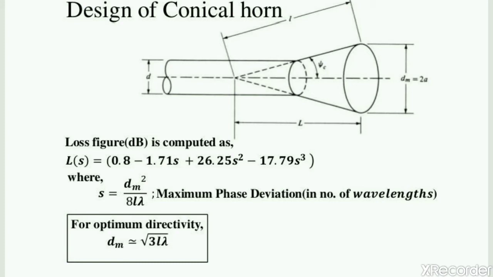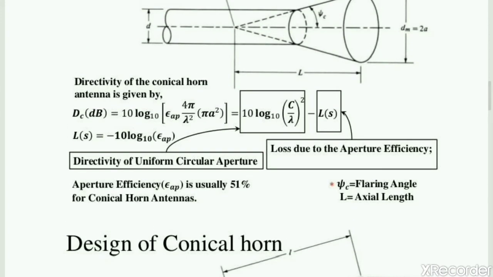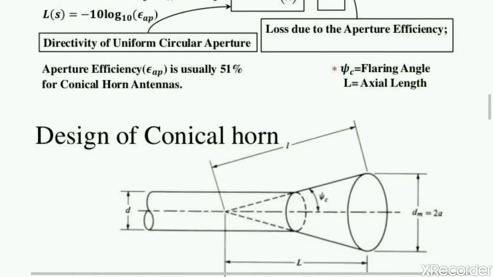These are very important equations to design any conical horn antenna and also to improve its directivity. And the above equations are of the directivity of conical horn, loss, aperture efficiency, and the directivity of uniform circular aperture. So we will move forward.